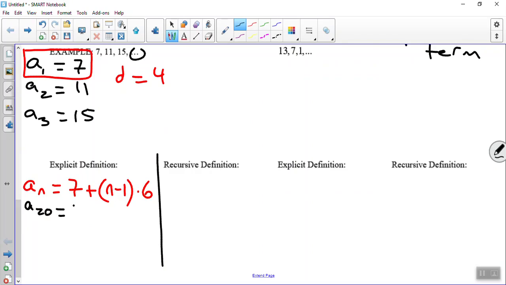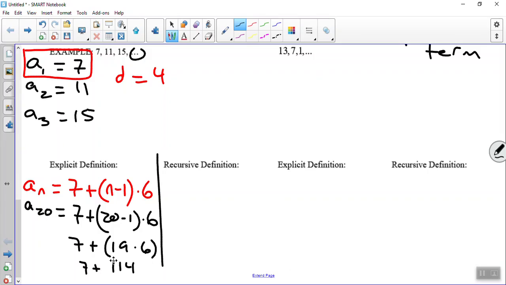That would equal 7 plus 20 minus 1 times 4. 7 plus 19 times 4. Plug that into your calculators, or just work it out. You should get 76 plus 7. So A sub 20 equals 83.